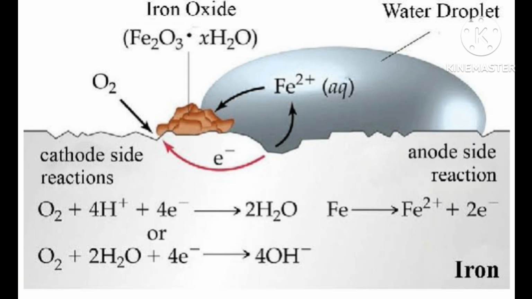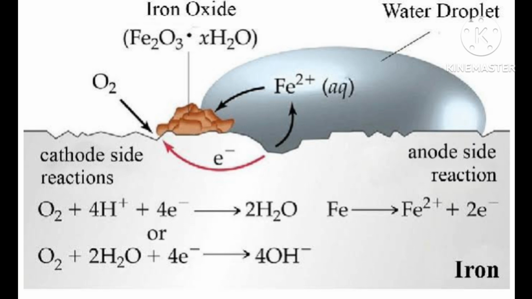This is actually the rusting material. This is the rust. It comes out as rust in the form of hydrated ferric oxide, with further production of hydrogen ions, and again hydrogen ion it can produce.